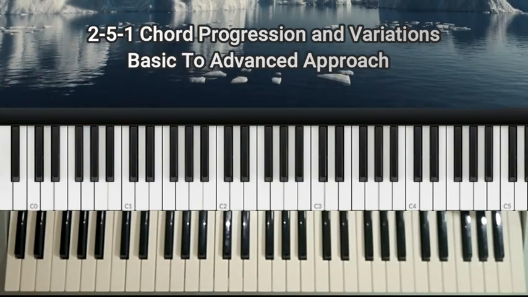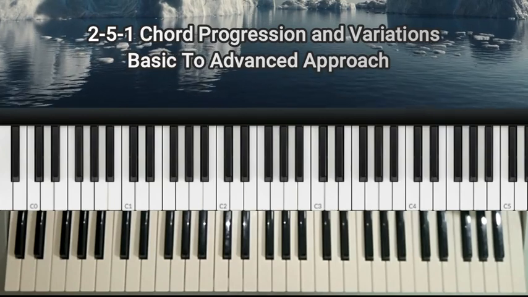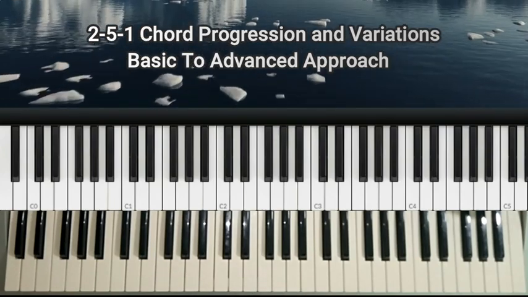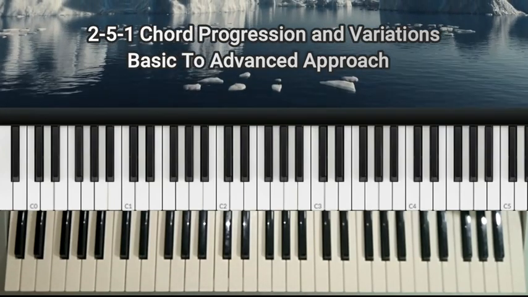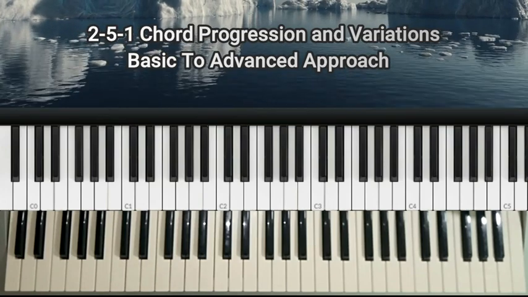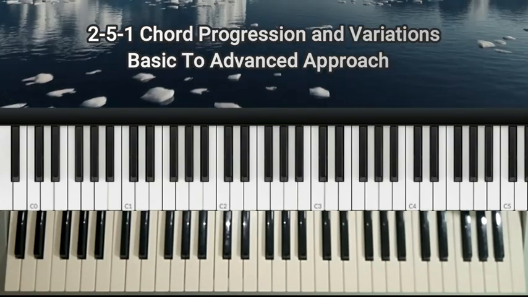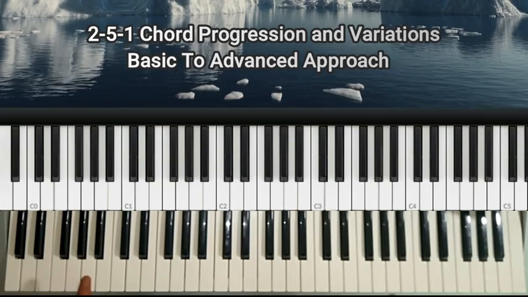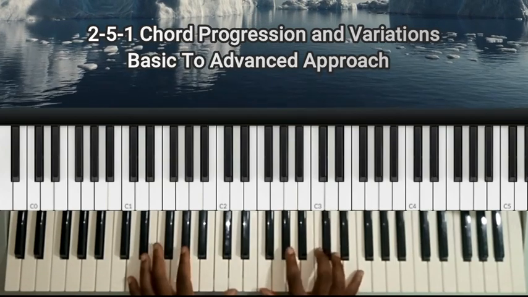Now the 6th, let me say this will be an extra for you. The 6th variation of the 2-5-1 chord progression on the key of C major. So we are going to start from D minor 7 sharp 11.